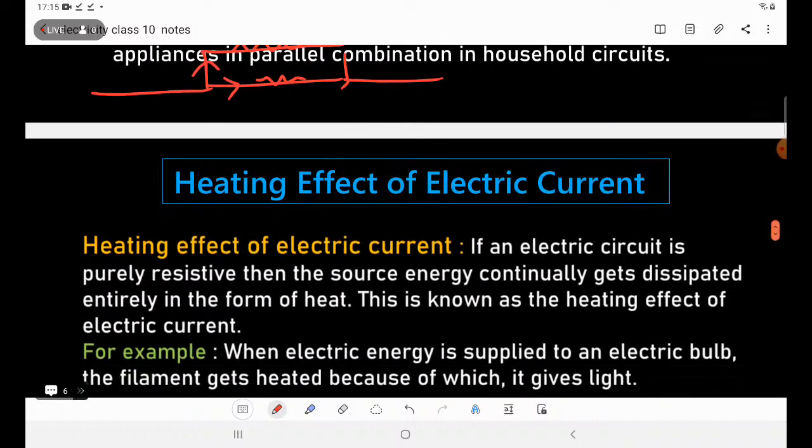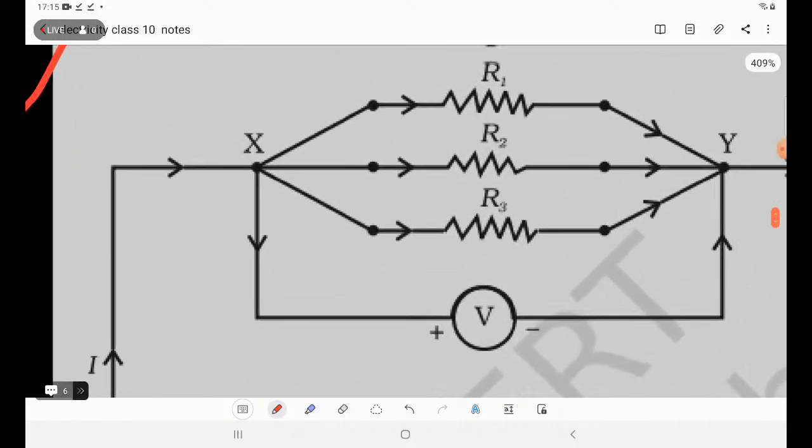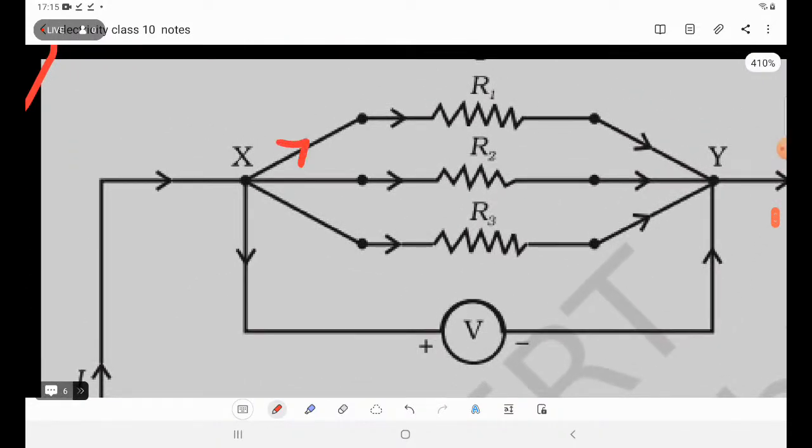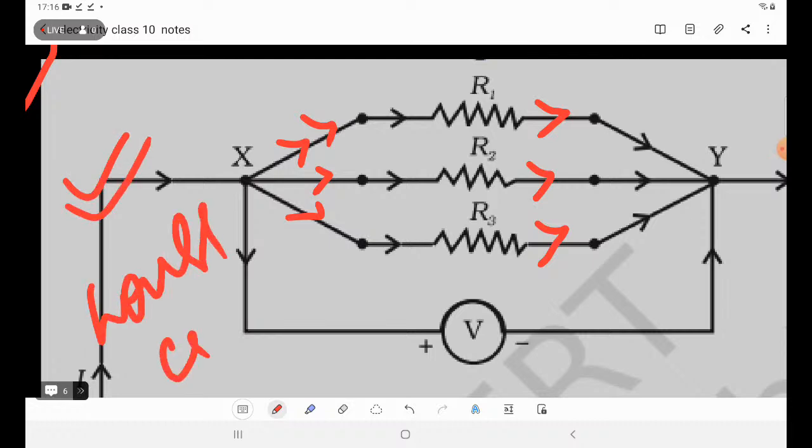But in parallel combination, different amounts of current move through different places. So we can decide how many amperes should pass through R2, how much through R3. So parallel is preferable for house circuits.